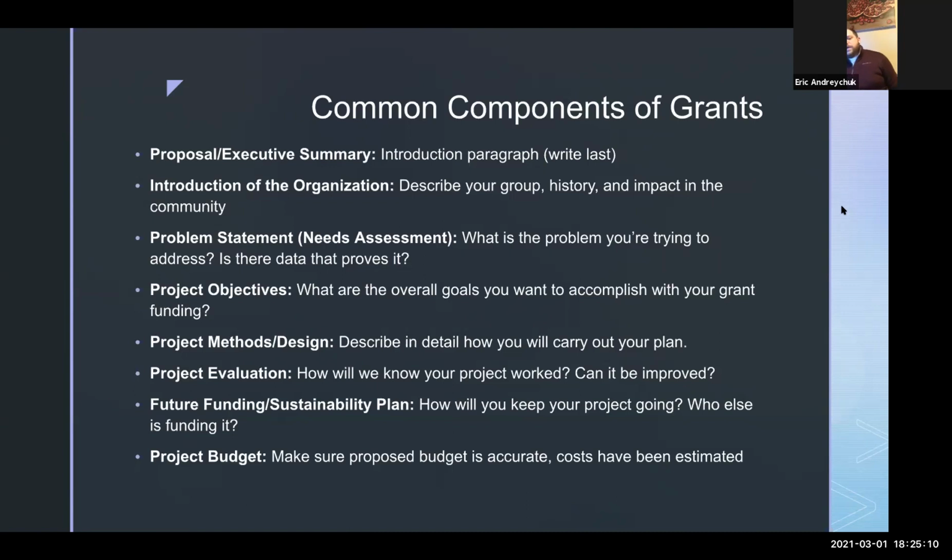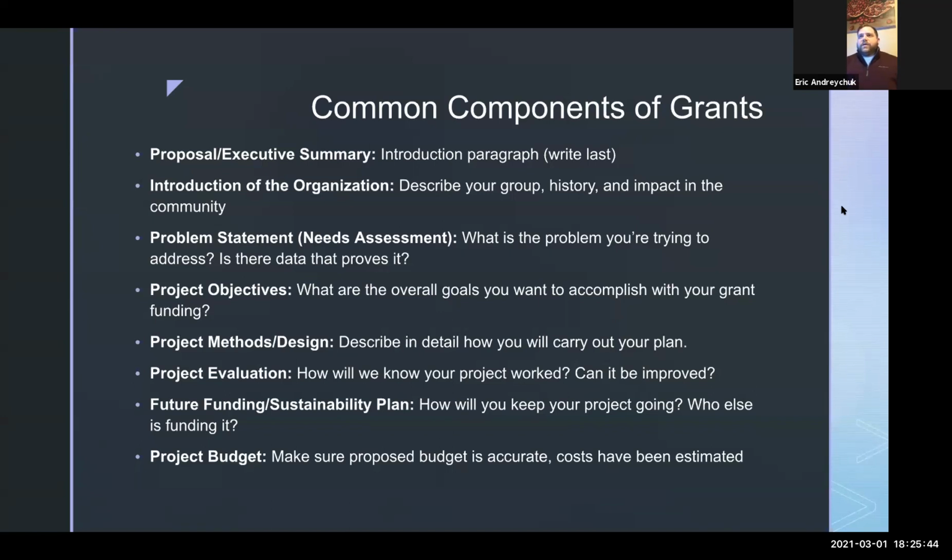So the first section of the proposal is the executive summary. And this is really an introduction paragraph. So someone like me who's a writer, I'm going to save that for the very last thing to do, because I want to be able to briefly and concisely describe the whole project in a couple of paragraphs to the funder. This serves as a very good overview of what will be impacted and accomplished through this grant.